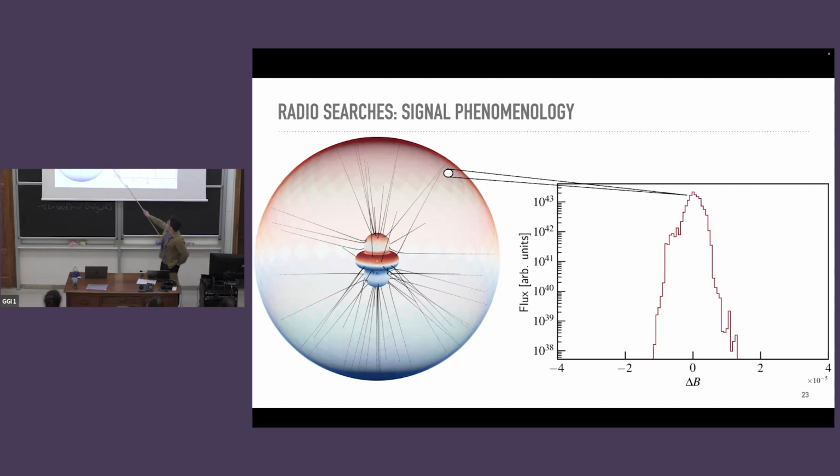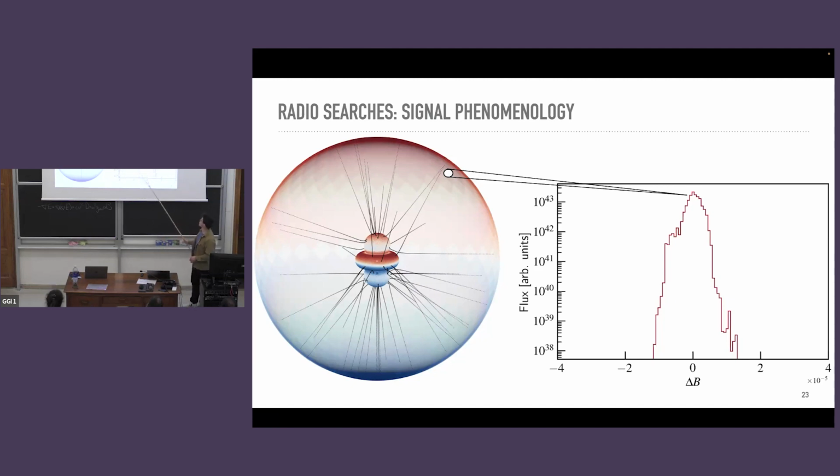Good. So like I was saying, shoot axions in, get photons out, track where they end up on the sphere at infinity, and sum up their total power and the amount of frequency shift they experience from the axion rest mass as a function of the refraction through this moving medium. And we can make a plot that looks like this. I've extracted this pixel right here, and I'm showing you the power distribution.